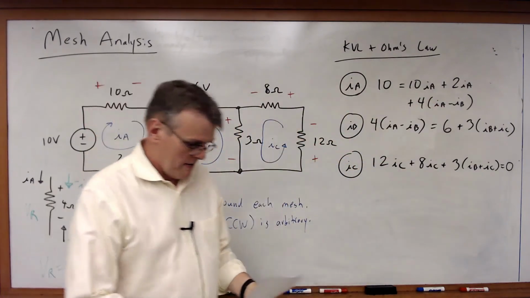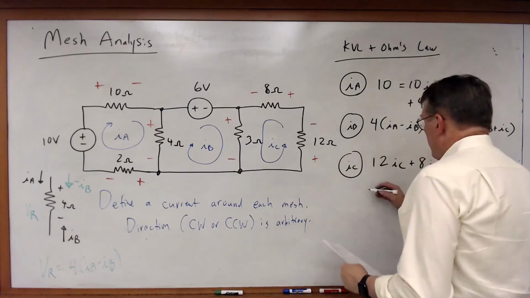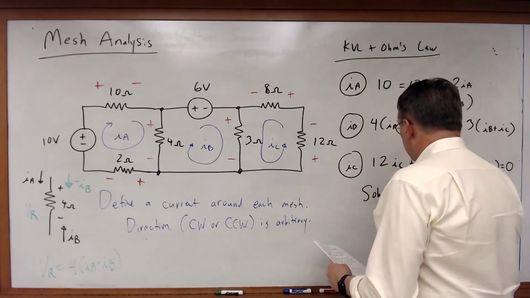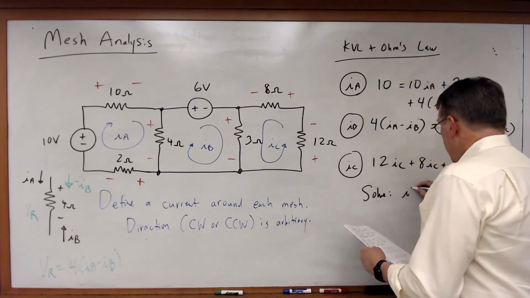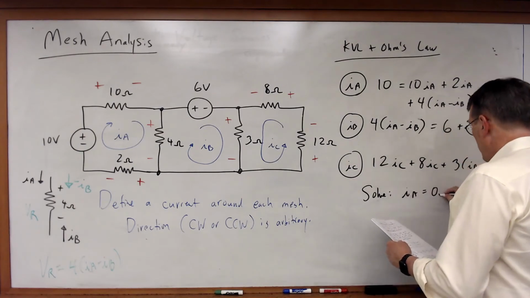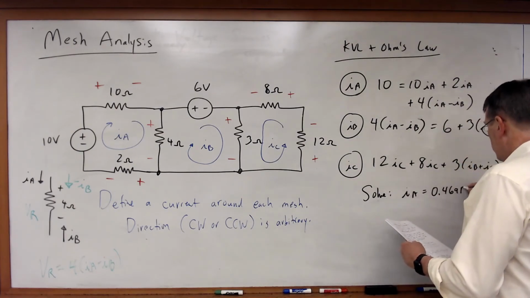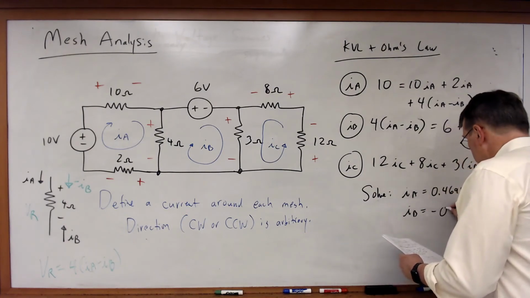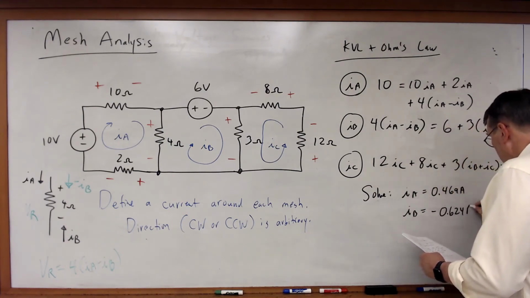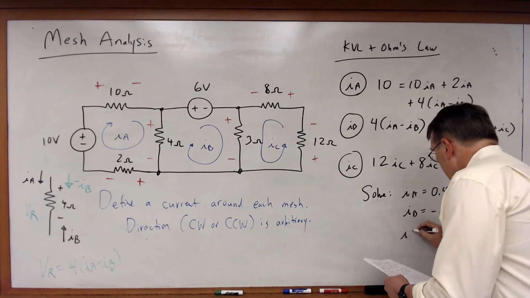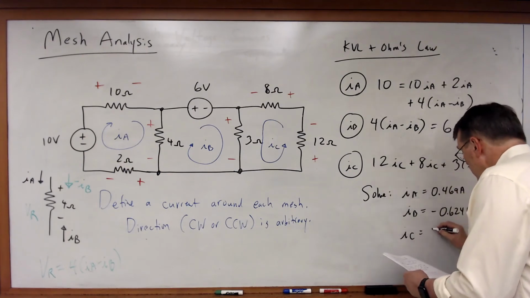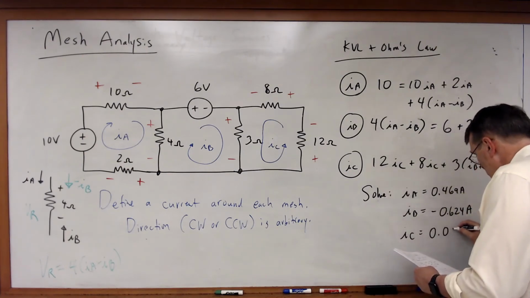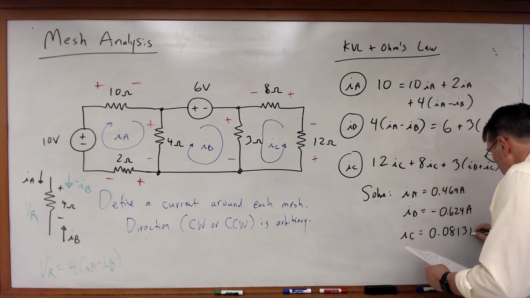I've got 3 unknowns, IA, IB, IC. Now I solve. And if I solve, what I will get is that IA is equal to 0.469 amps. IB is equal to minus 0.624 amps. And IC is equal to 0.0813 amps.